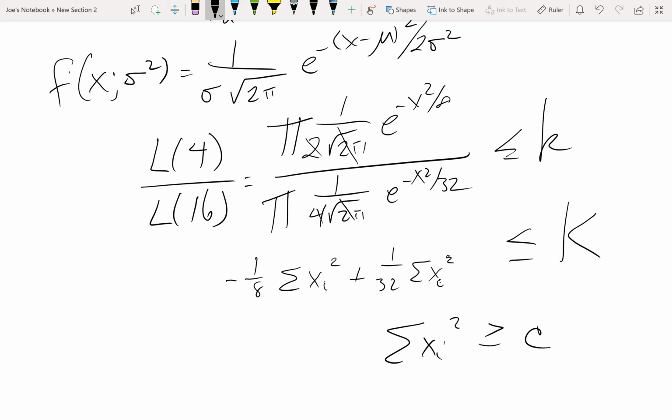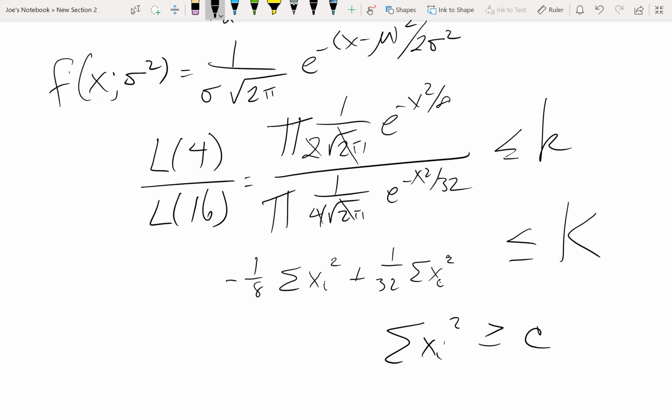Because this 32 came from the variance piece here, didn't it? So as long as we picked a variance that was bigger than 4, this fraction on the sum of the x sub i squareds is going to be bigger than this fraction without the negative sign. So that's why we can't have the two-tailed test.